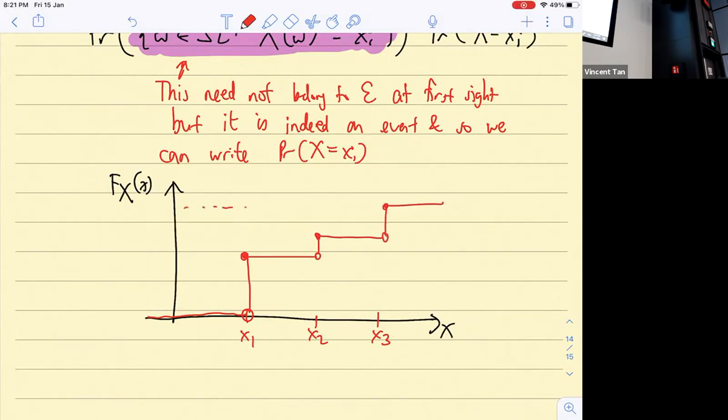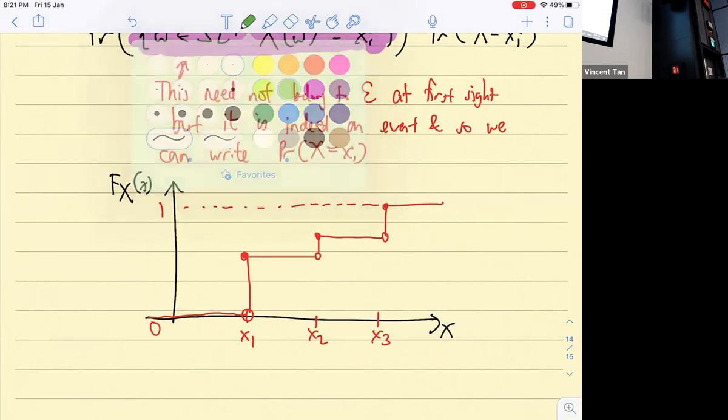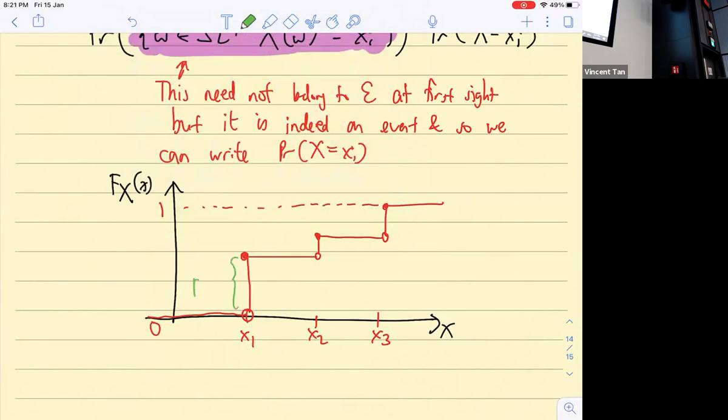Suppose we only have 3 values. Then we go up to level 1. This is level 0. And this here is P of x1, this here is P of x2, and this is P of x3. So that's the picture for discrete random variables, the cumulative distribution function.